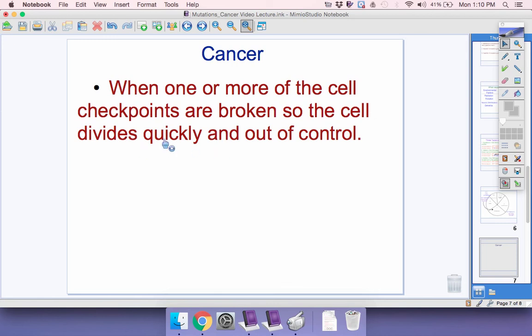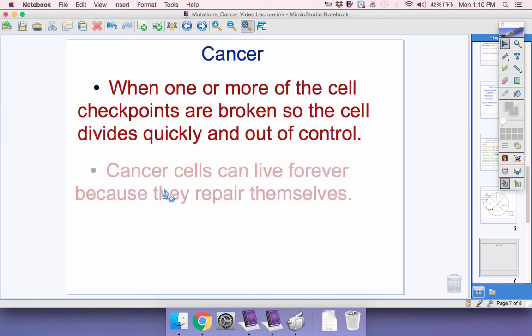They're not doing their right things. They're simply dividing and taking up space that should be being used for, let's say you have cancer in your liver, they should be being used as liver cells, but now they're taken up with these dysfunctional cancer cells.